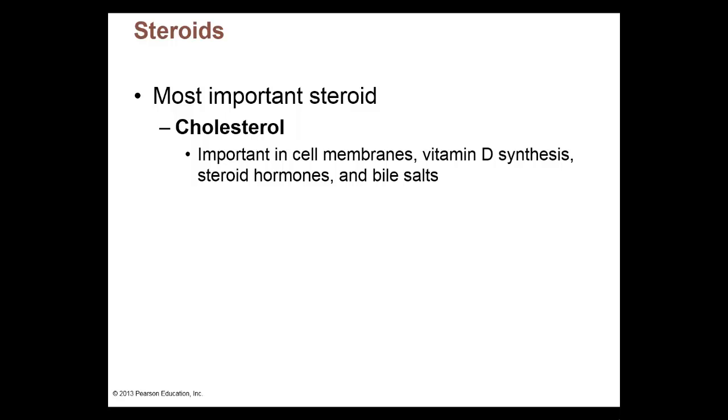Cholesterol is important in making vitamin D. There are various steroid hormones associated with cholesterol, like testosterone and estrogen. So people that have cholesterol levels that are off generally have testosterone and estrogen levels off as well. It also helps make bile salts that help break down fats, which we'll get more into when we get into the digestive system. So it's an important steroid, but cholesterol itself is a lipid.